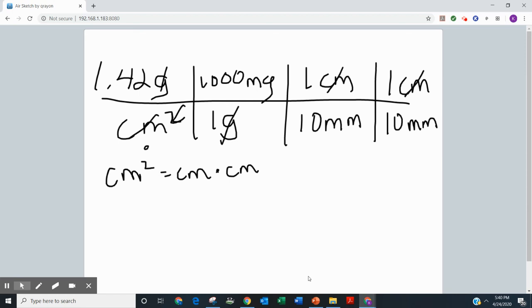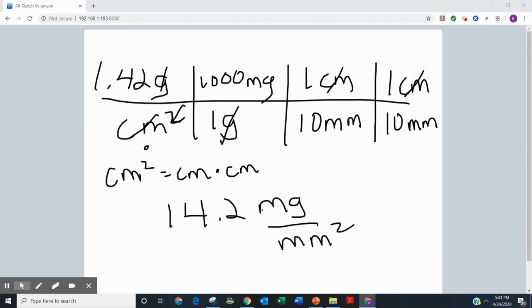So once I've done that, I've got 1.42 times 1,000 divided by 10 divided by 10. And this is what I get. So I get 14.2 milligrams per millimeter squared. So that's because I've got a unit of milligrams here, millimeter times a millimeter, which is a millimeter squared.